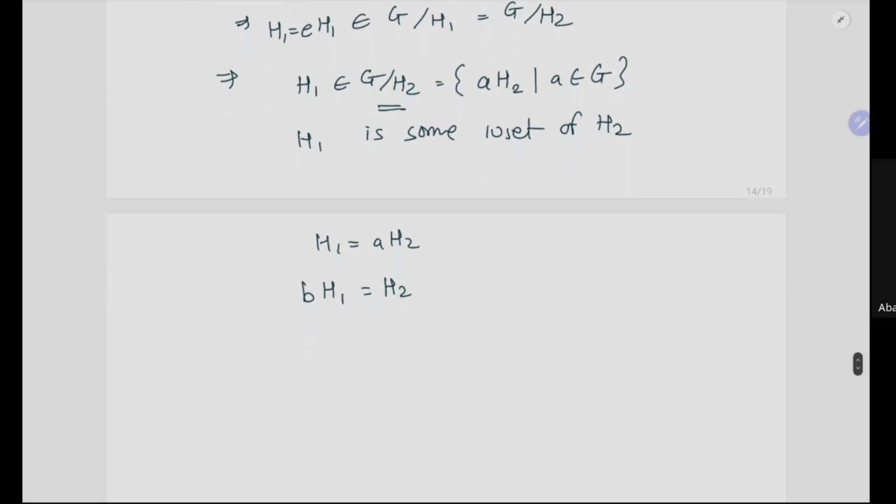Understand that E is in H2, and E is in H1. So this implies E is also in AH2.